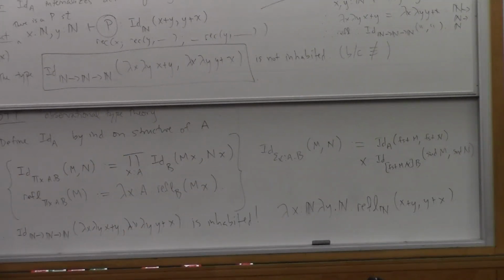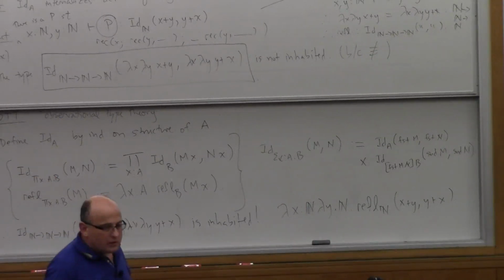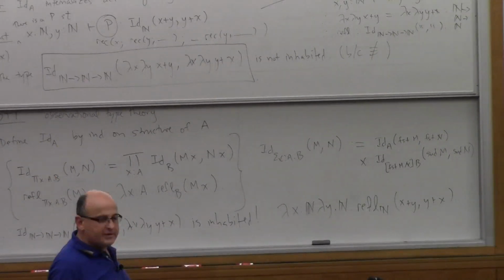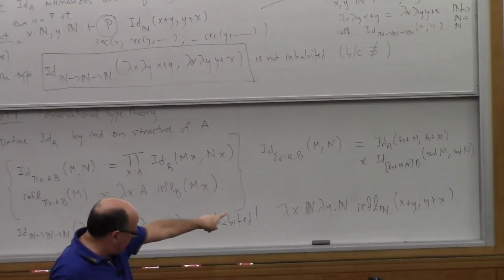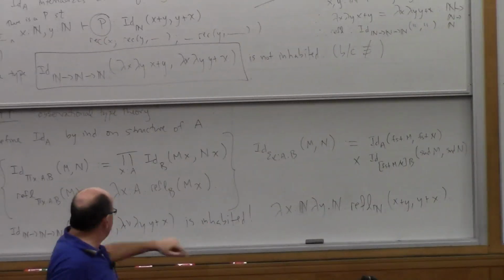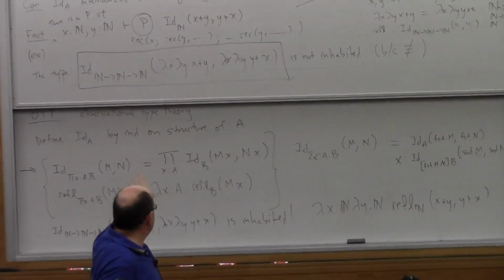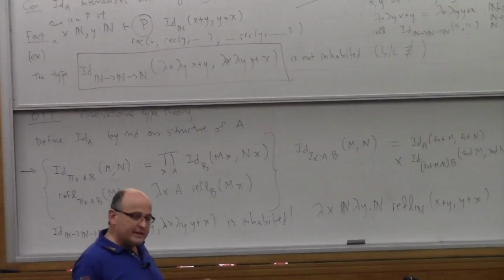Observational type theory rather than extensional type theory? This is different from extensional type theory. It's different from intensional type theory. Because extensional type theory is defined the way I described over there, with equality reflection and UIP. With equality reflection and UIP, function extensionality is derivable. I set that as an exercise. Okay, that's extensional type theory.